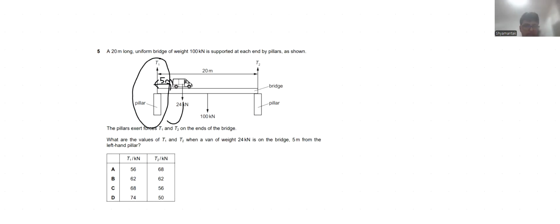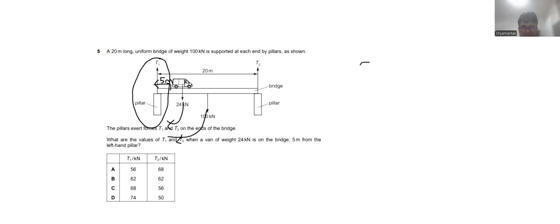van and the weight of the bridge act as clockwise moments. So clockwise moment, I'm going to just write C equals, sorry, I'm just going to write it more clearly.